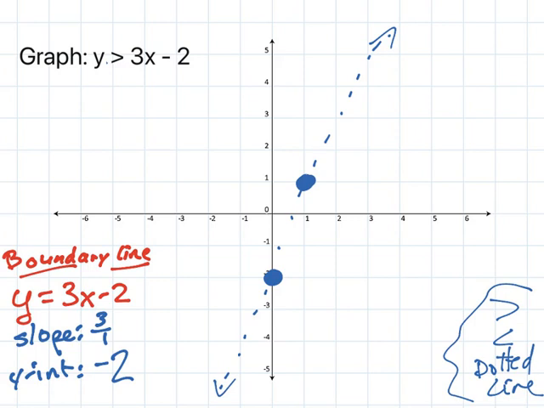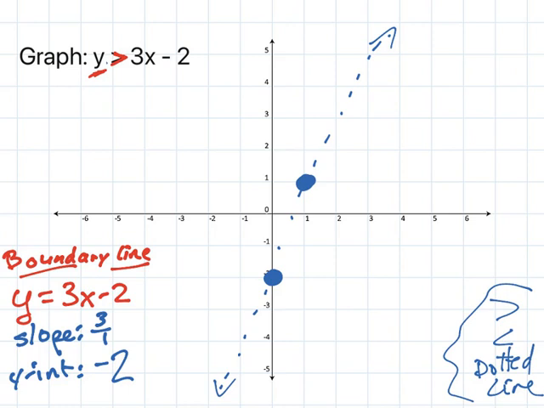Now you have to think about shading. I always find it easier if y is on the left, and this is y. See what I did? Because we're talking about the y-axis. Y represents the y-axis. So we have our boundary line graphed, and we say that y is greater than 3x minus 2. Well, think about the y-axis.